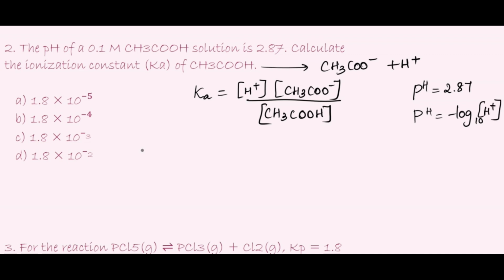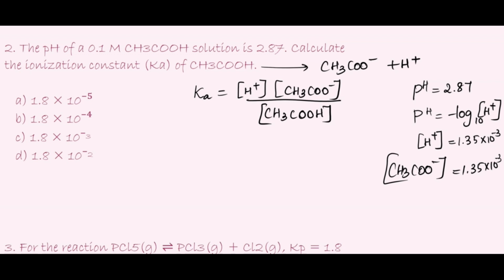So do the reversal, so that you will find the H plus value as 1.35 into 10 to the power minus 3, which is equal to our same CH3COO minus ion concentration. It is 1.35 into 10 to the power minus 3.